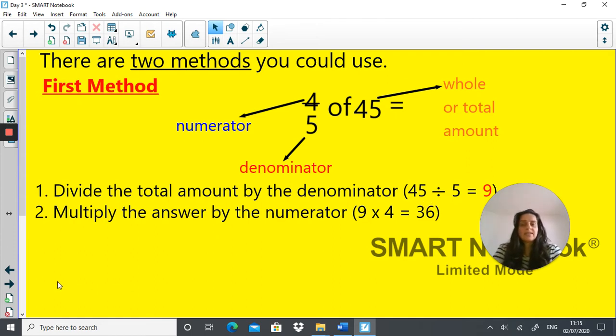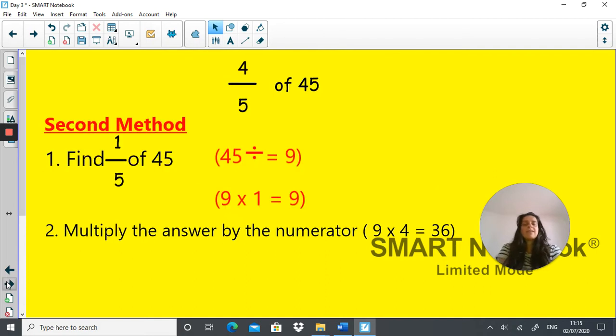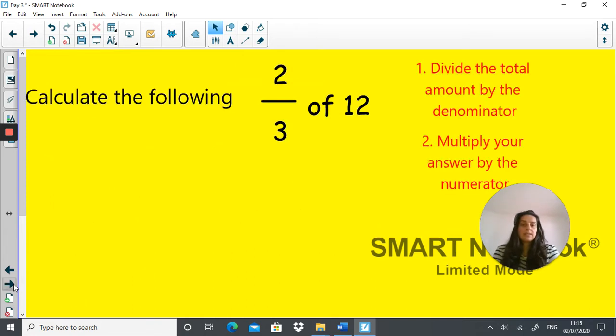That's the first method, because there are 2 methods you can do this. The second method is you can break it up in 2 parts: first find out what 1/5 of 45 is by dividing 45 by 5, which equals 9, and then multiply the answer by the numerator, 9 times 4, that's 36. You get the same answer.